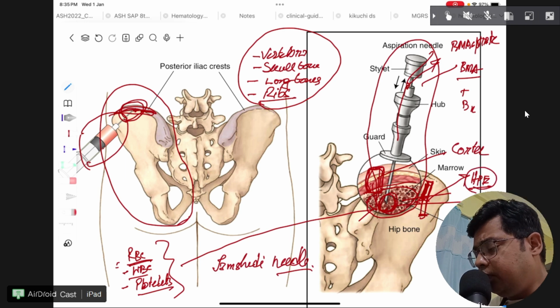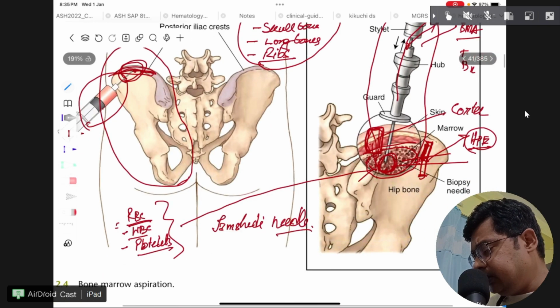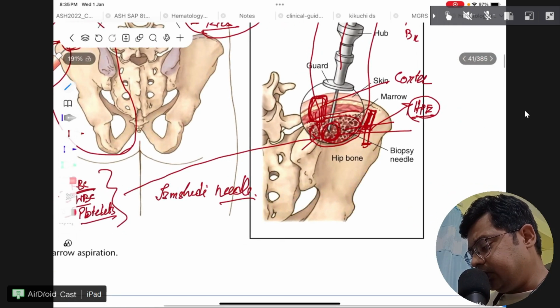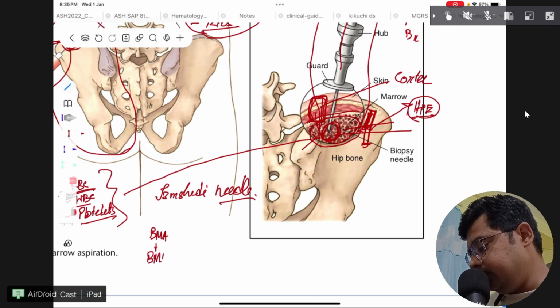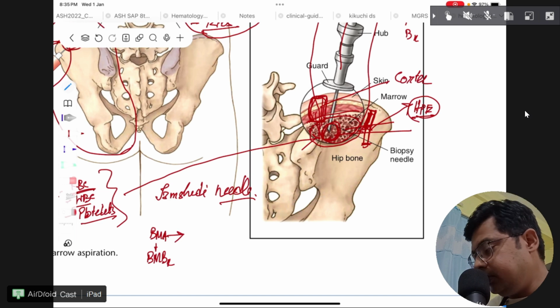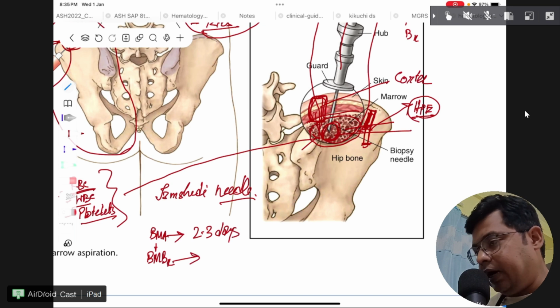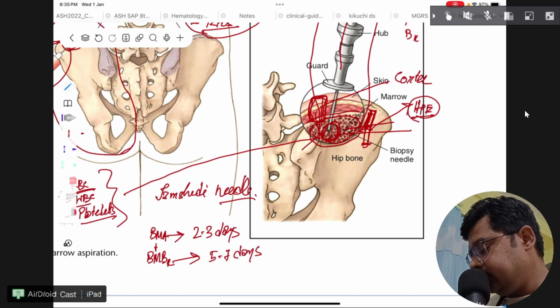So the reporting part is comprised of two portions. The first is reporting of the bone marrow aspirate and the second is reporting of the bone marrow biopsy. Usually the bone marrow aspirate reporting takes 2 to 3 days on average, and bone marrow biopsy reporting takes approximately 5 to 7 days.